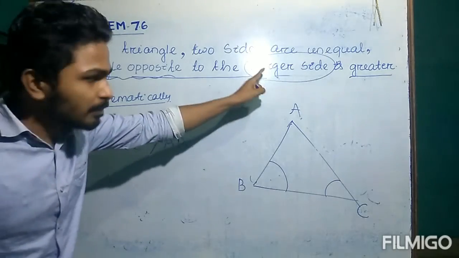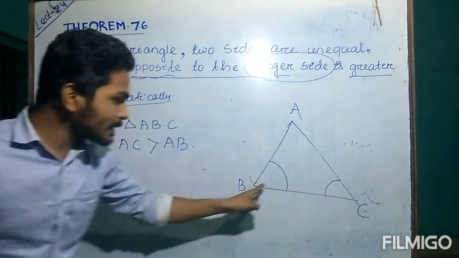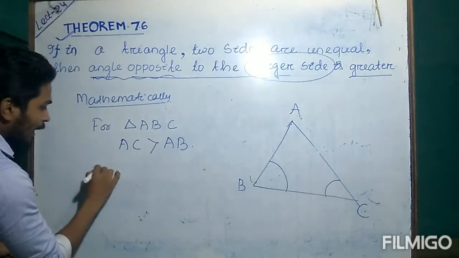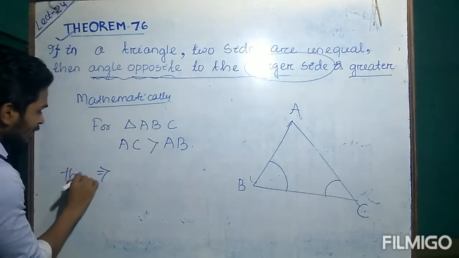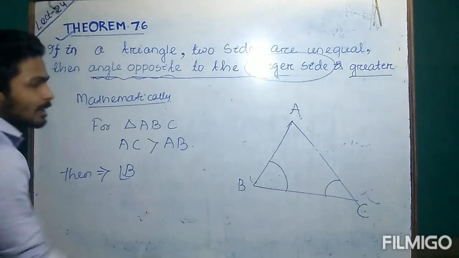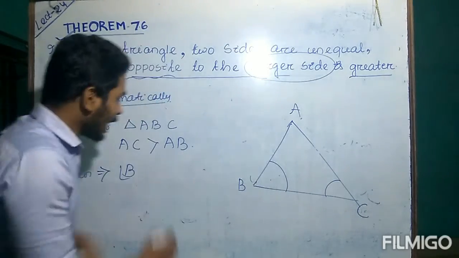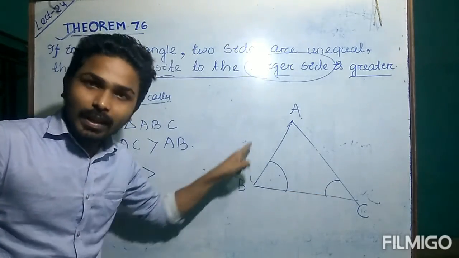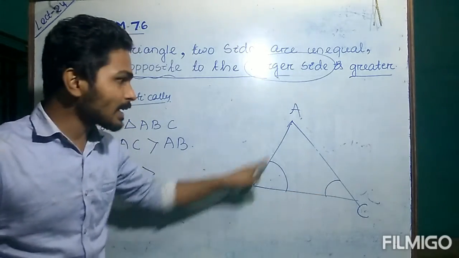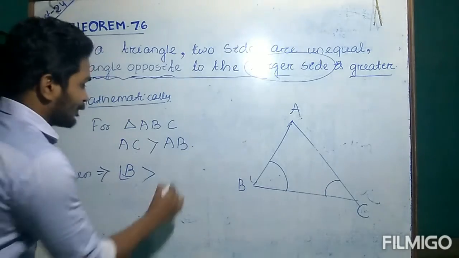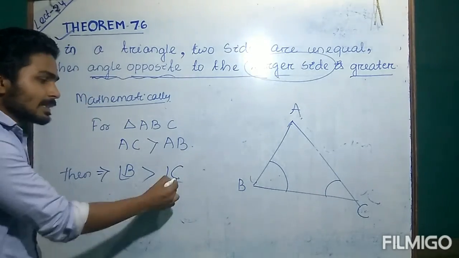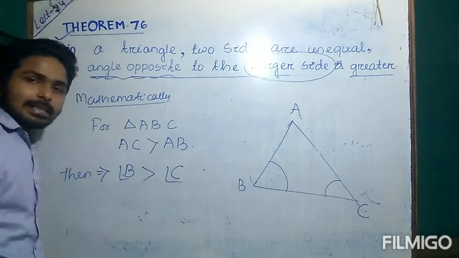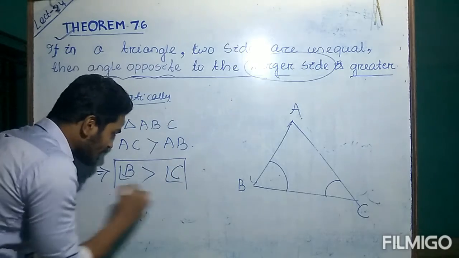According to this theorem, the opposite angle of AC, that is angle B, is greater than the opposite angle of the smaller side AB, that is angle C. C is the opposite angle of AB, B is the opposite angle of AC. So this is theorem number 7.6.